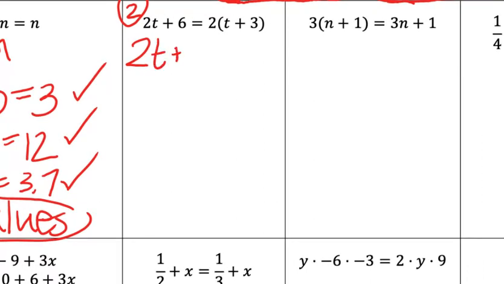Make sure that you can tell the difference between the t and the plus sign. So let's distribute my 2. Now I have 2t plus 6 equals 2t plus 6.